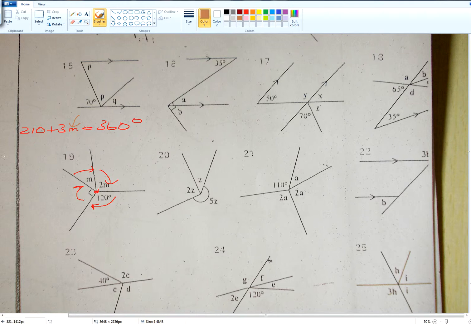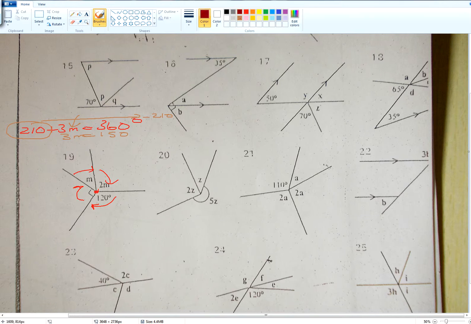So what do we remove first? We move the 210. So the opposite of add 210 is subtract, so that gives us 150. What do we move next, Yusuf?